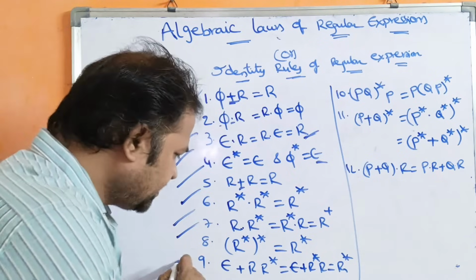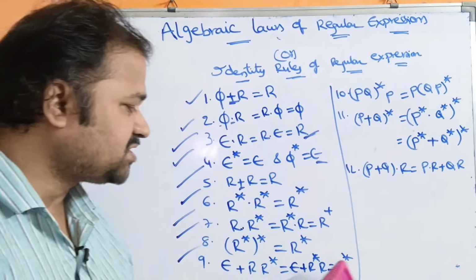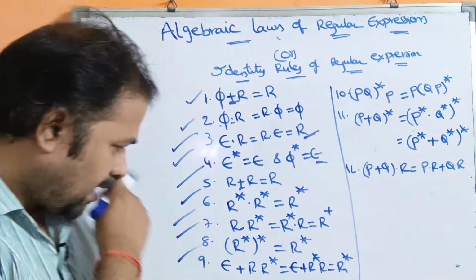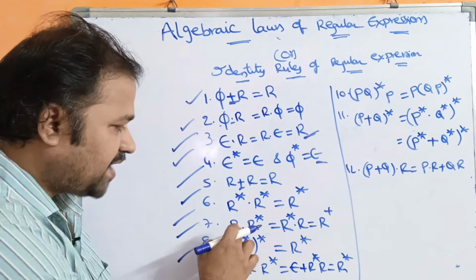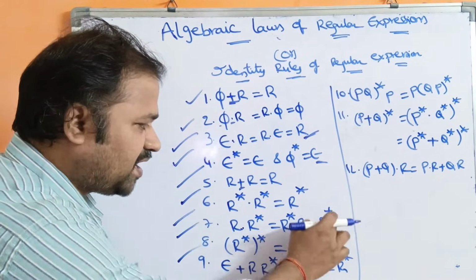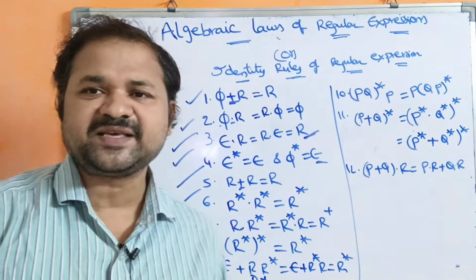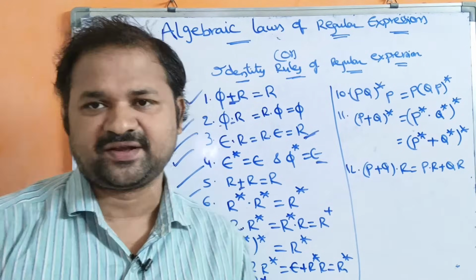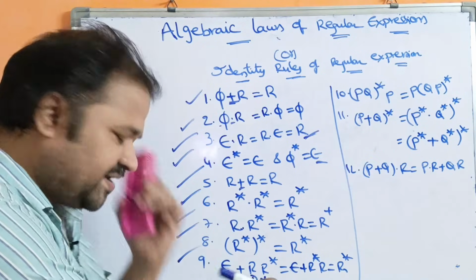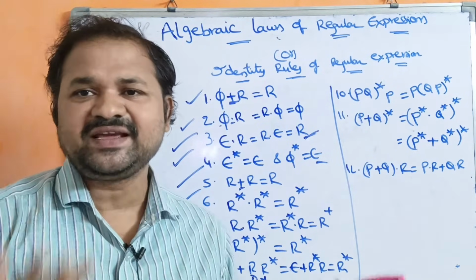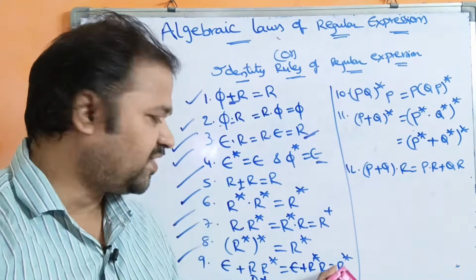Next one, epsilon plus r star is equal to r star. Already we know that r r star is equal to r star r is equal to r plus. So what is r plus? R plus means it doesn't contain any epsilon. Now we are adding epsilon. If we add epsilon to it, then we will get r star. What is r star?